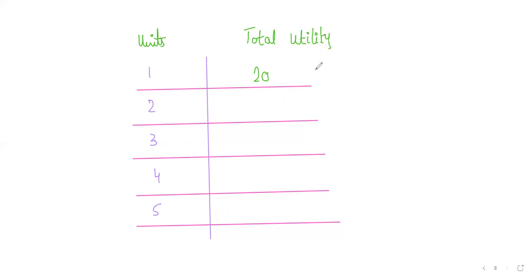So after consuming the first unit, you have a total of 20 units of utility. Then after consuming the second unit of burger, let's say the total utility is 35. Then you have, let's say, 40, then 46, and in the end you have, let's say, 50.